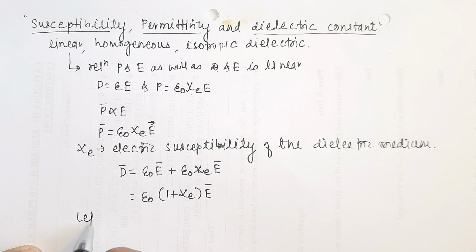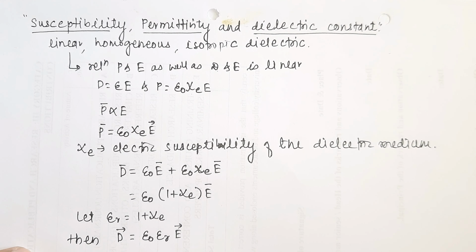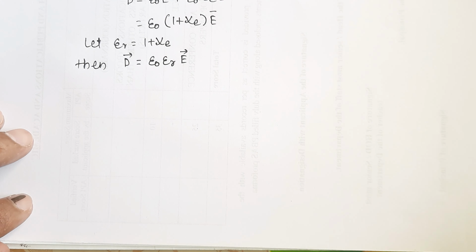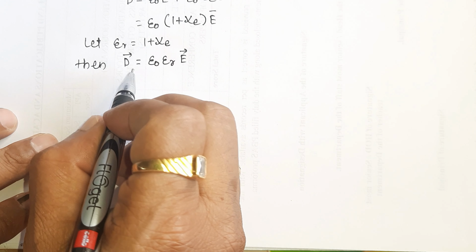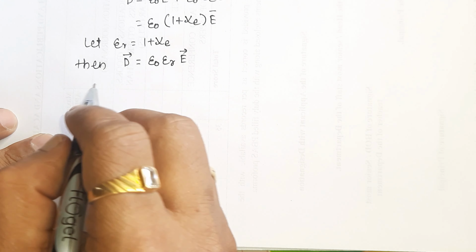Here we can write epsilon r, the relative permittivity, is equal to 1 plus chi e. Then D bar is equal to epsilon 0 into epsilon r into E bar.